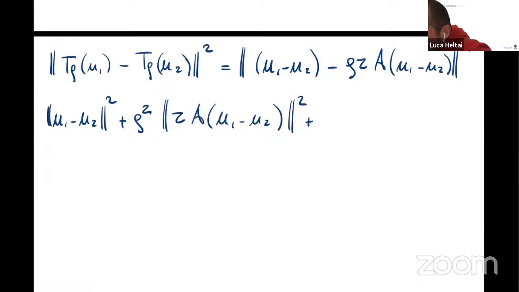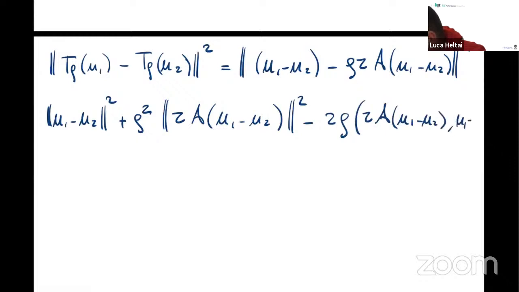So if I take the scalar product of U1 minus U2 with minus rho A of U1 minus U2 to get the norm square, I would get the double product here with the minus sign, which is here. And now you get 2 rho, and the product is tau A of U1 minus U2 with U1 minus U2. I'm sure you can also prove it going the other way, but I think this is a little bit simpler.